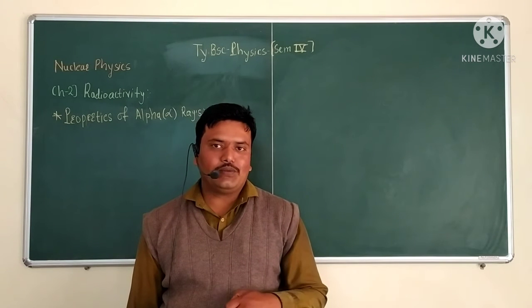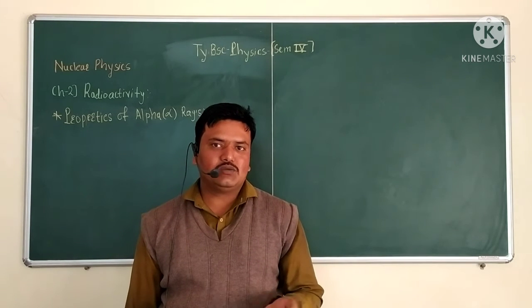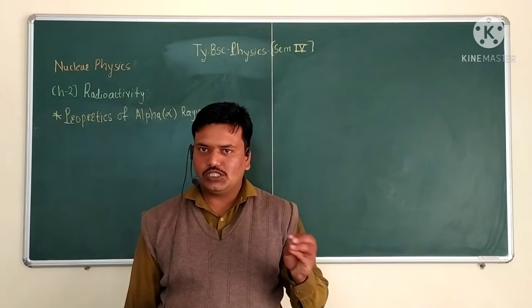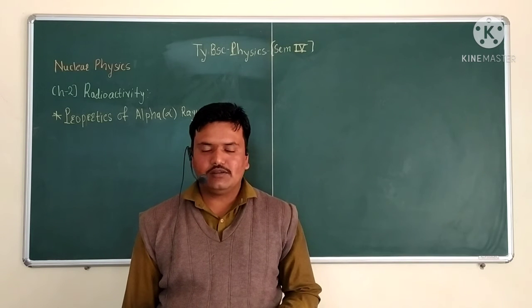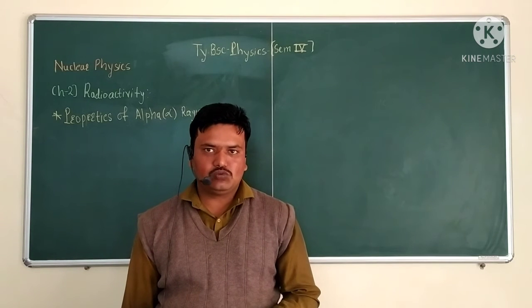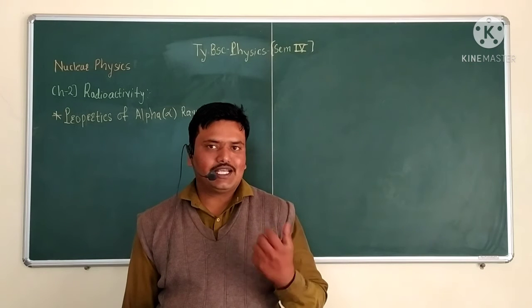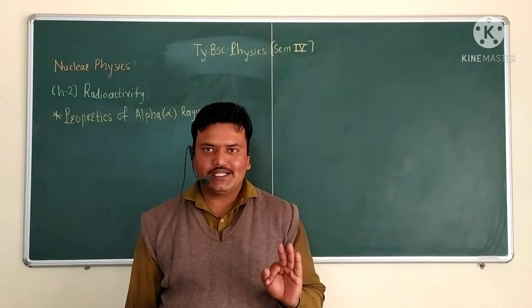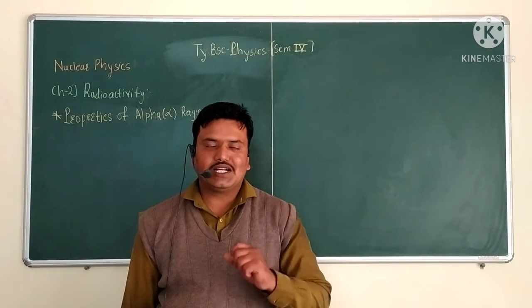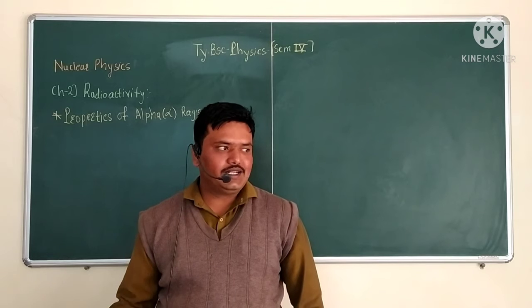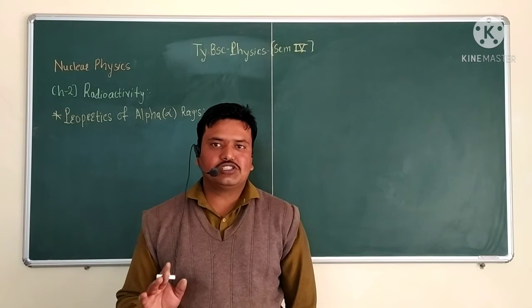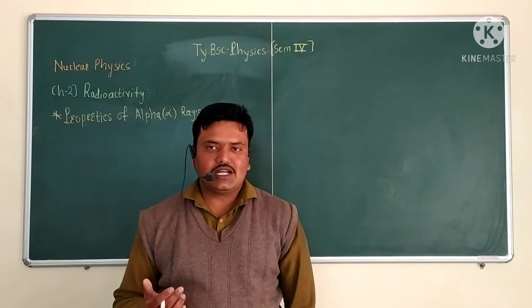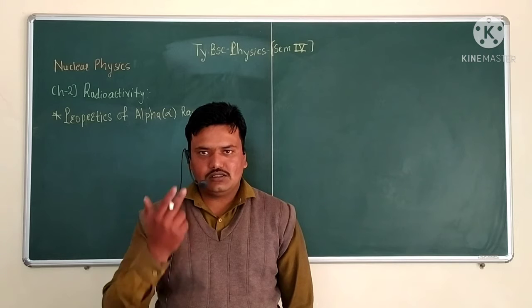The alpha particle has a positive charge, the beta particle has a negative charge, and gamma rays are electromagnetic rays which are electrically neutral.